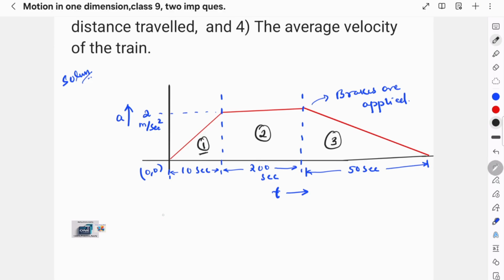So using the equation v is equal to u plus at, the initial velocity is 0 and it is moving with a uniform acceleration of 2 meters per second square, and the total time was 10 seconds. So the velocity is 20 meters per second.